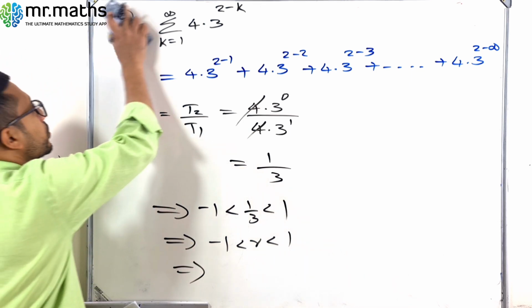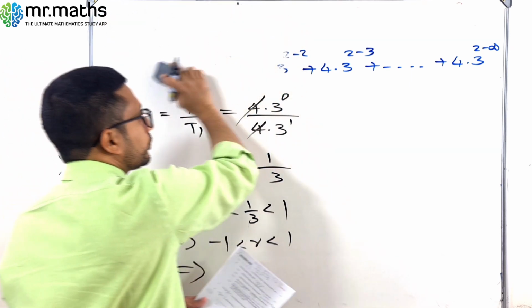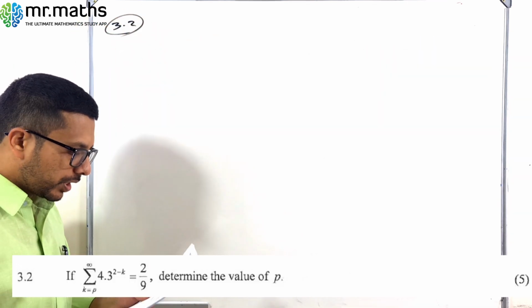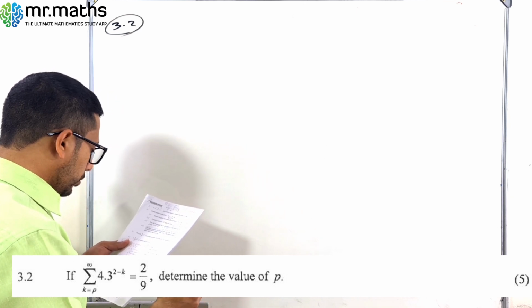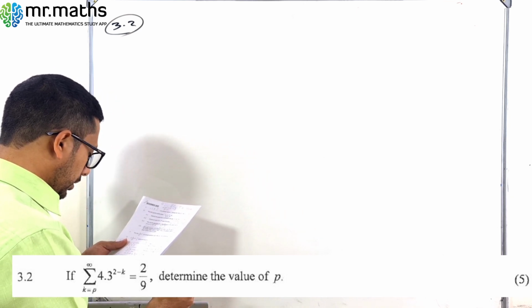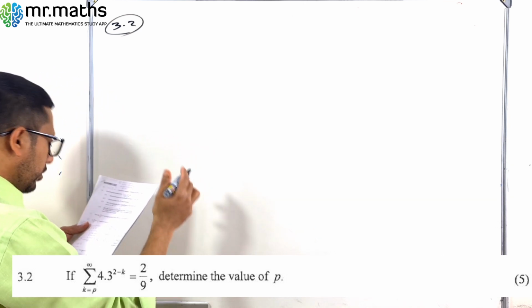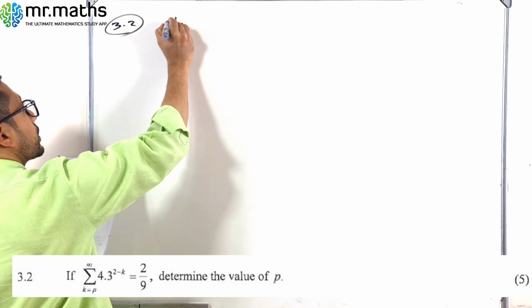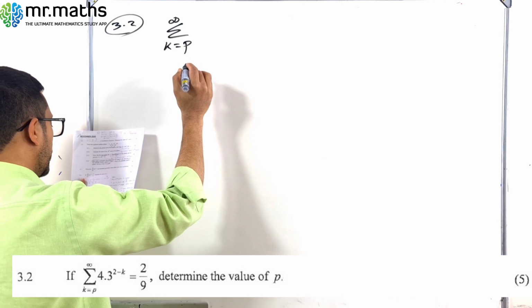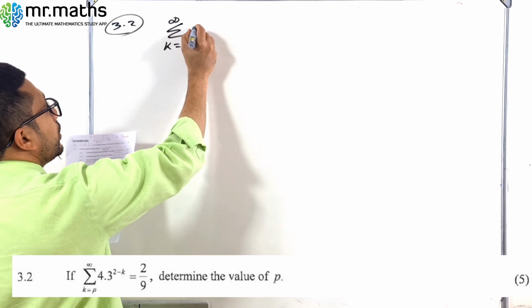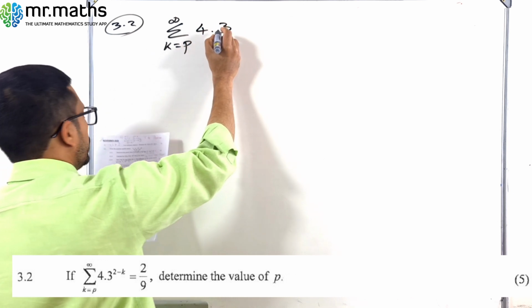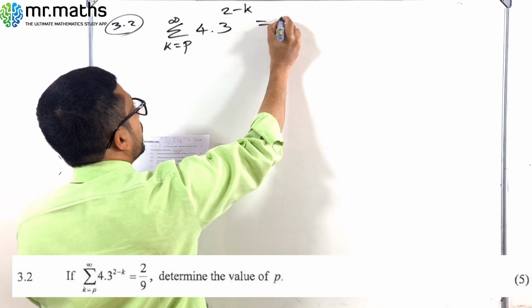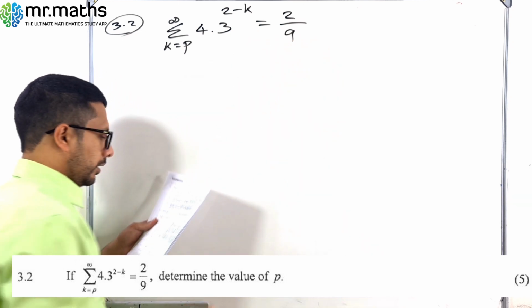Okay, so that is question number 3.1. Now let's move to the next question, 3.2. What is that question? If the sum of k equal to p to infinity, so here it's p to infinity, the previous one was 1 to infinity and this one is p to infinity, of 4 into 3 raised to 2 minus k is equal to 2 over 9.